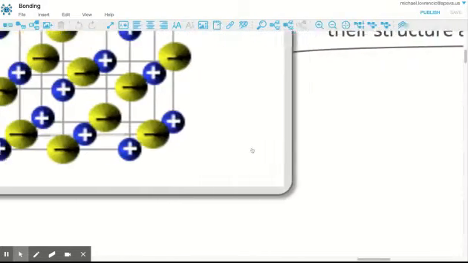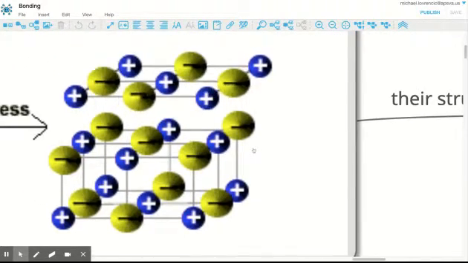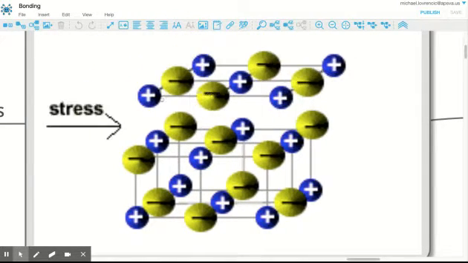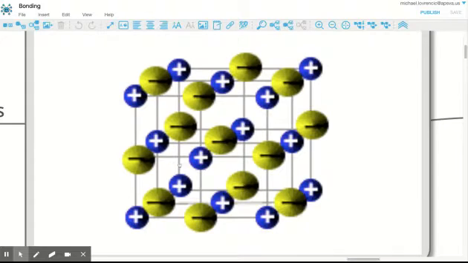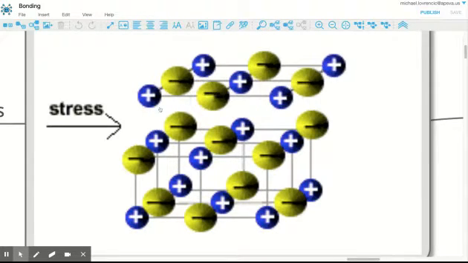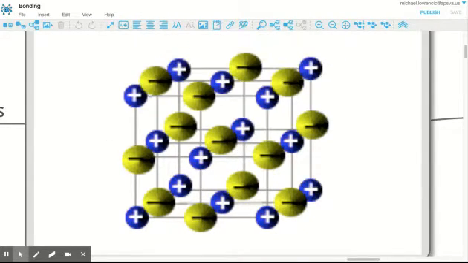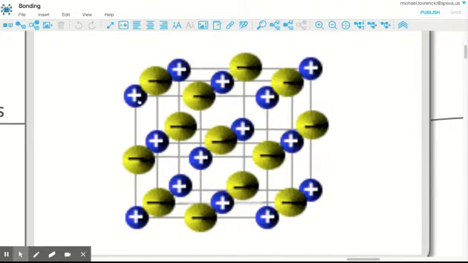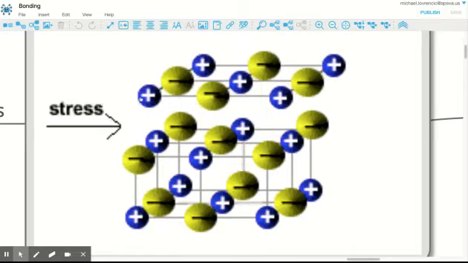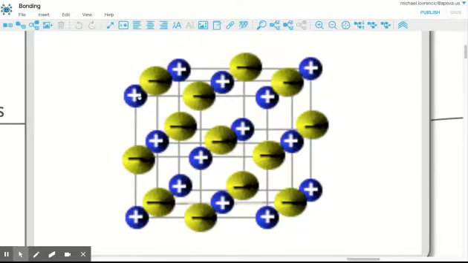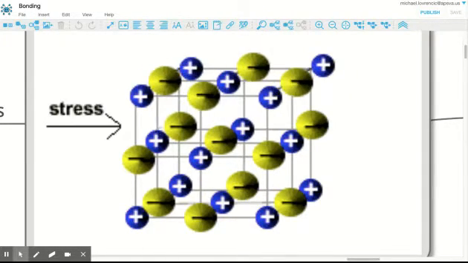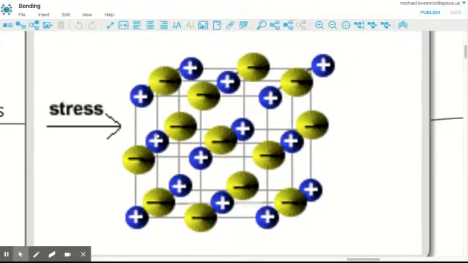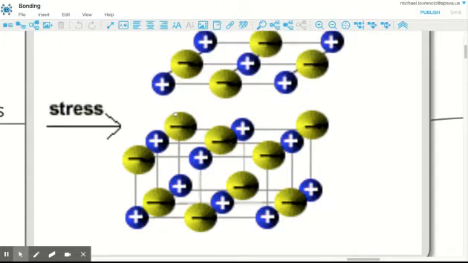So if you look back at our structure, we see that the crystalline structure gives ionic compounds some properties. Because it is crystalline and there are these charged particles, they tend to be brittle. If you add a stress, it causes those ions to slide. If they slide enough and start sliding over an ion of the same charge, those ions will repel each other, and it will crack.